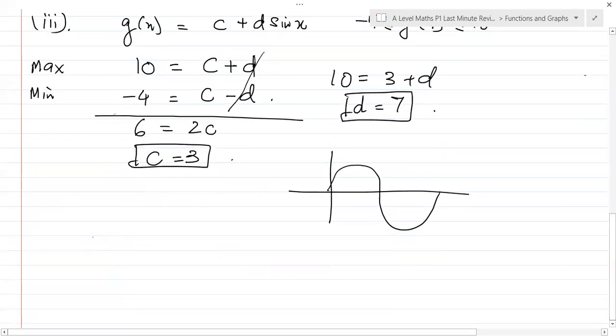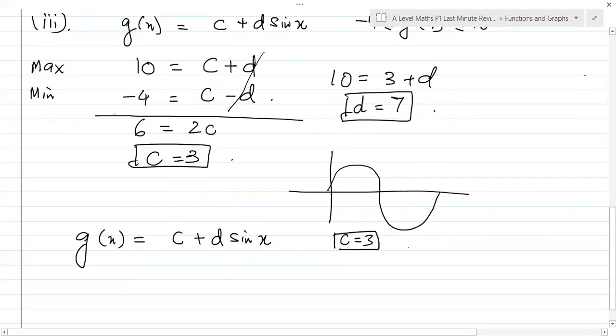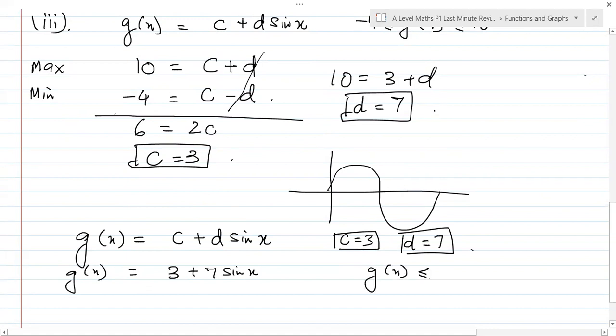We have g(x) is equal to c plus d sine x, and we got the c value as 3 and the d value as 7. So if I substitute these values back, c is 3, d is 7 sine x. Now, if I work out the range, I should get the same range that was given to me, which was from -4 to 10.